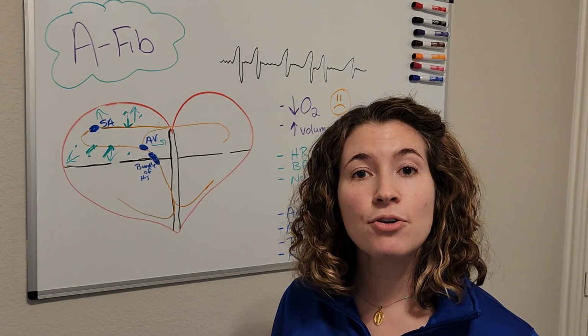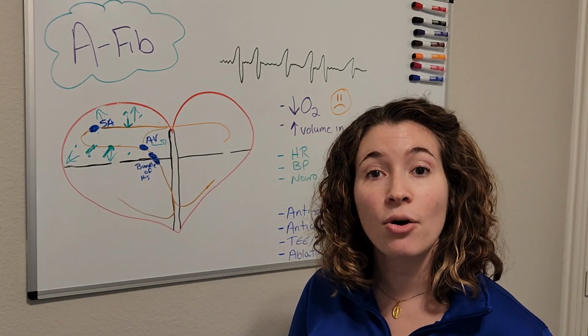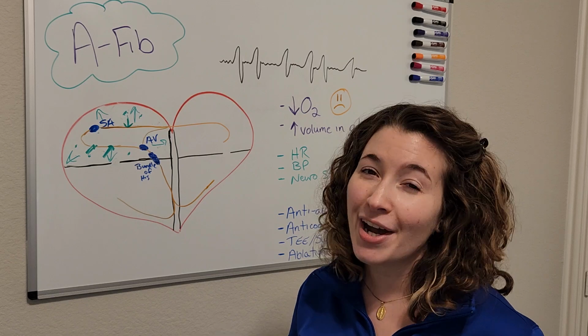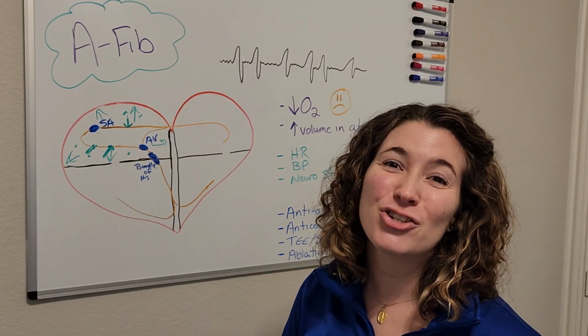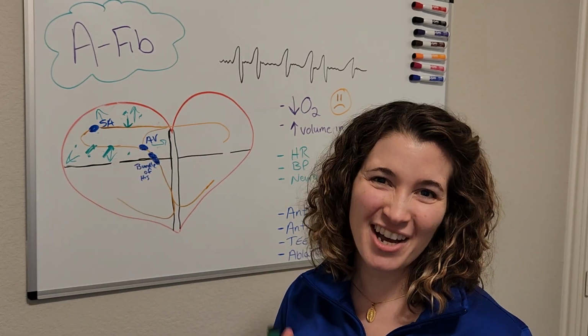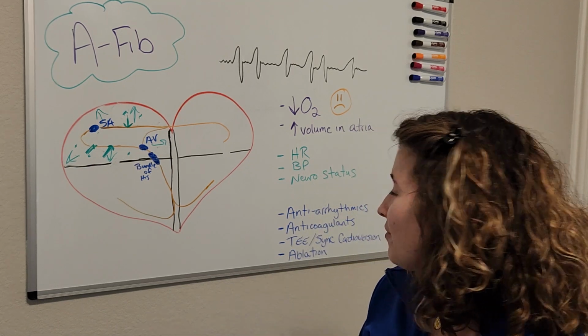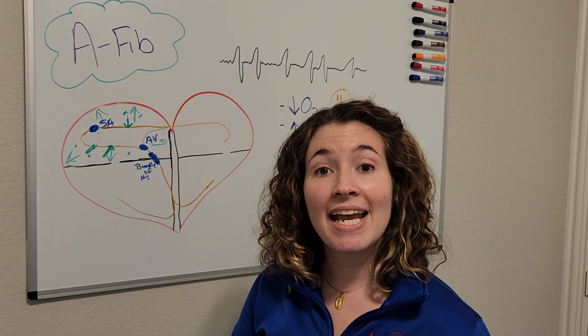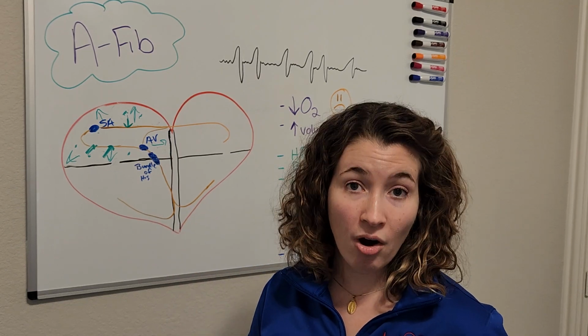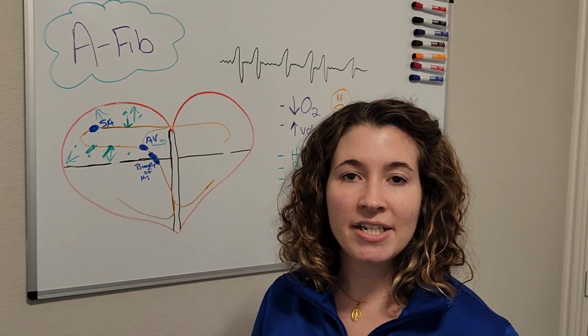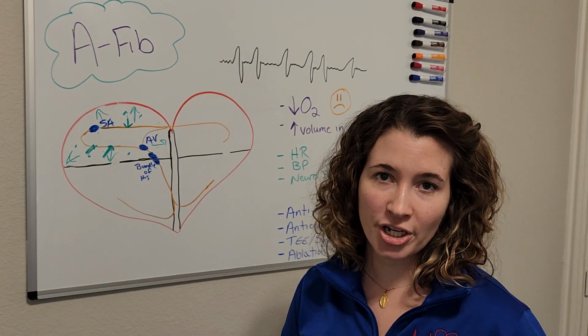The patient may also be on some form of an anticoagulant. Again, trying to prevent that stroke from occurring, as that blood can sometimes sit in the right atrium. If the patient becomes unstable, meaning their blood pressure drops, they could be a candidate for a cardioversion.